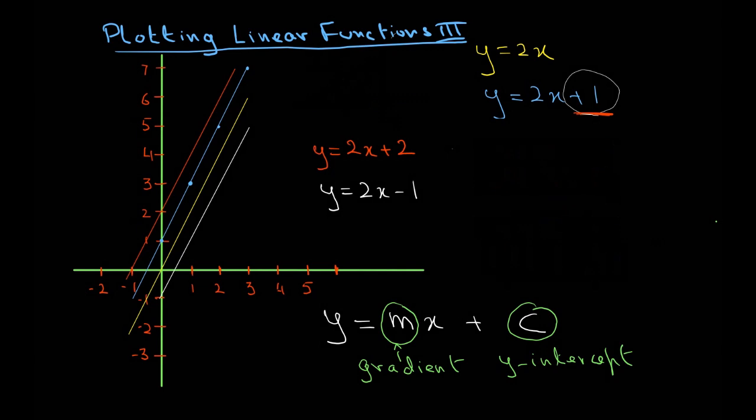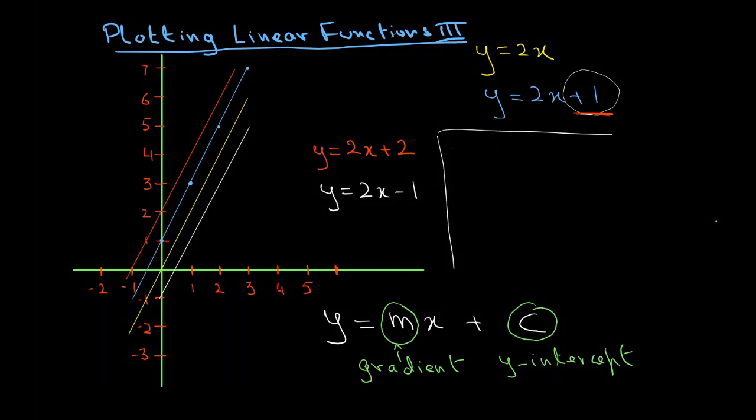Now, first of all, you can see that the number c is called the intercept. So why is it called the intercept? It's called the intercept because, imagine a line, so here's the line, y is equal to mx plus c.